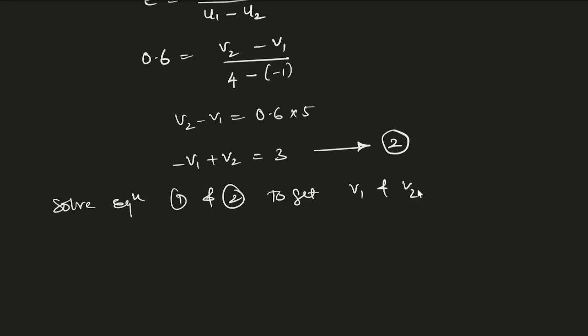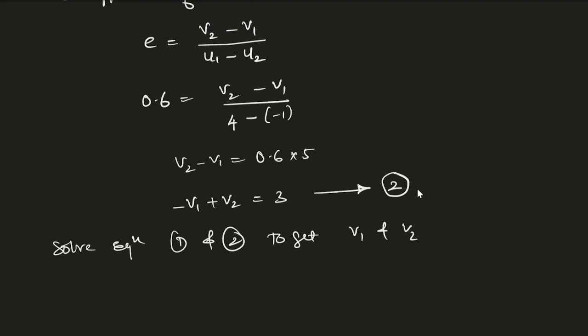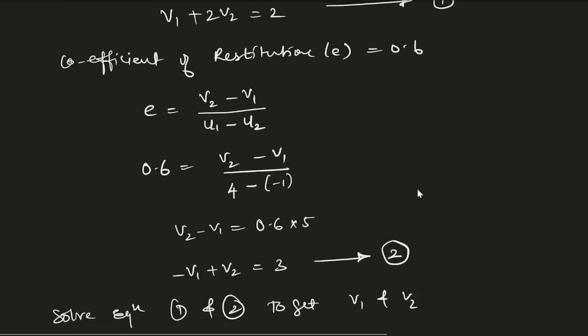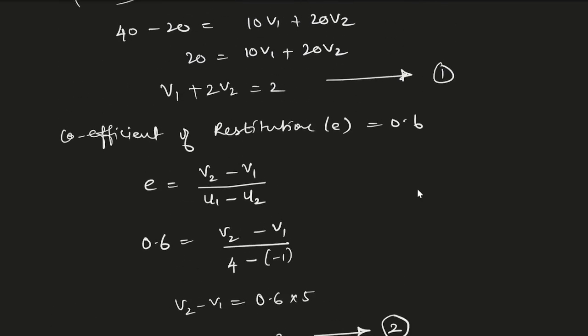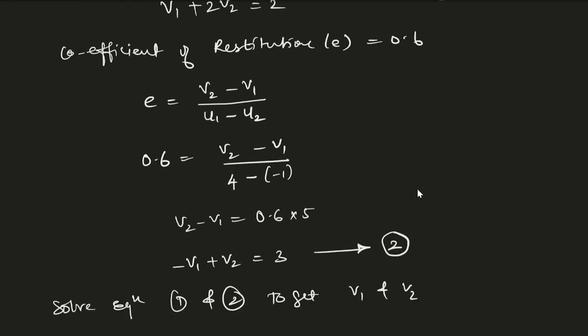You can put it in the calculator. You can take the equation mode, and we have two unknowns, v1 and v2. For the first equation, the coefficient of v1 is 1, the coefficient of v2 is 2, and the constant is 2. From the second equation, the coefficient of v1 is minus 1, of v2 is 1, and the constant is 3.